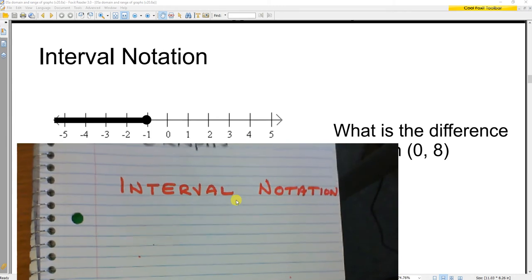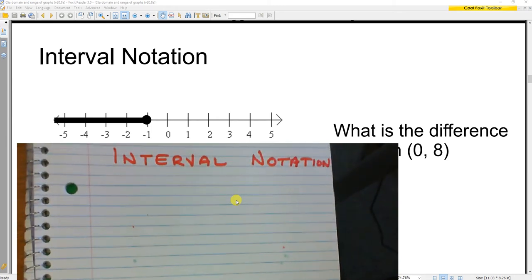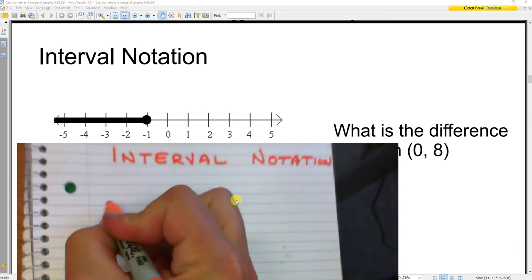And so let's look at a number line here, and I'm going to change it up a little bit.